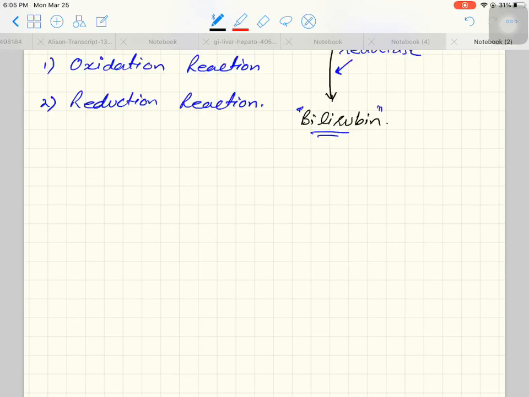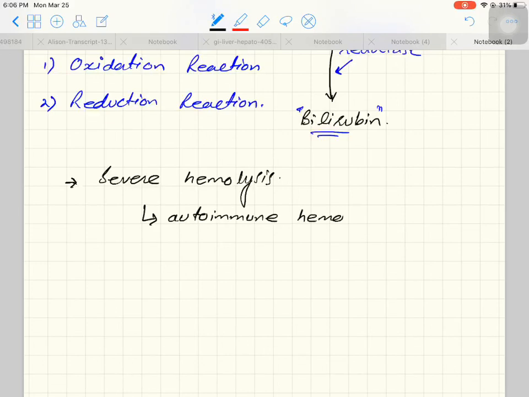For example, when the bilirubin level increases in the blood, as in severe hemolysis, for example autoimmune hemolytic anemia, or hemolysis due to any other enzyme defects.